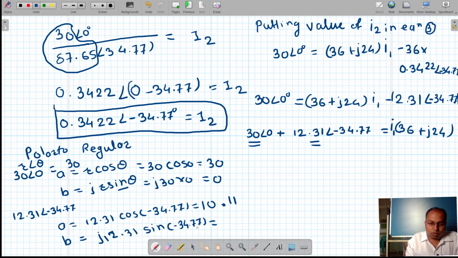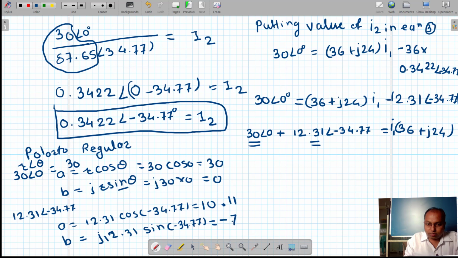So 12.31 sine of minus 34.77 is coming as minus 7.020.